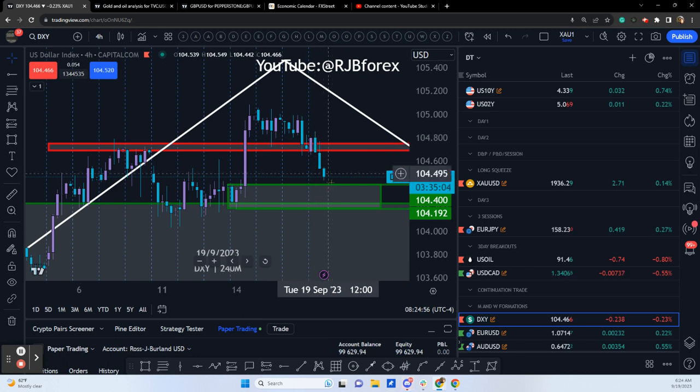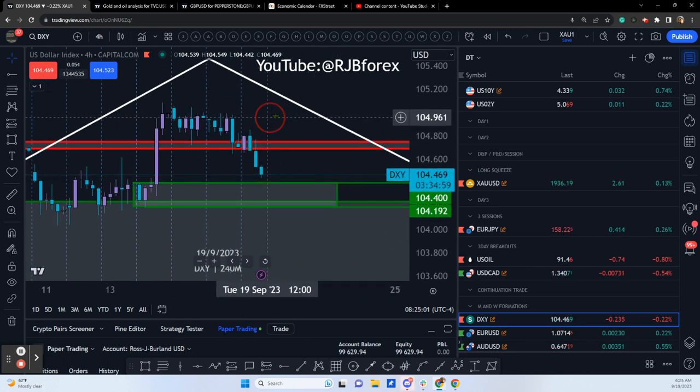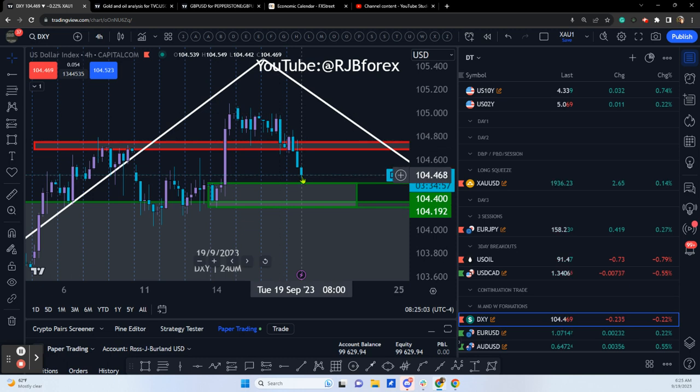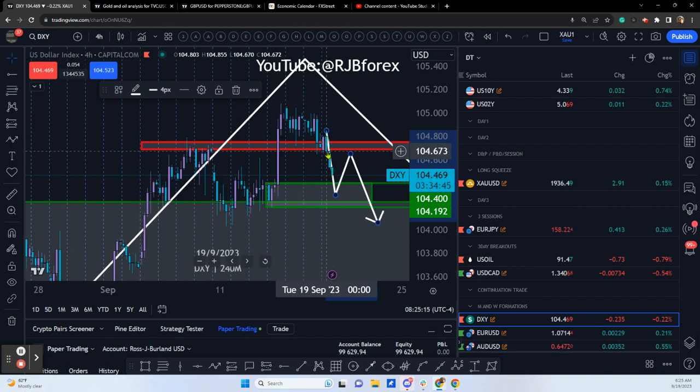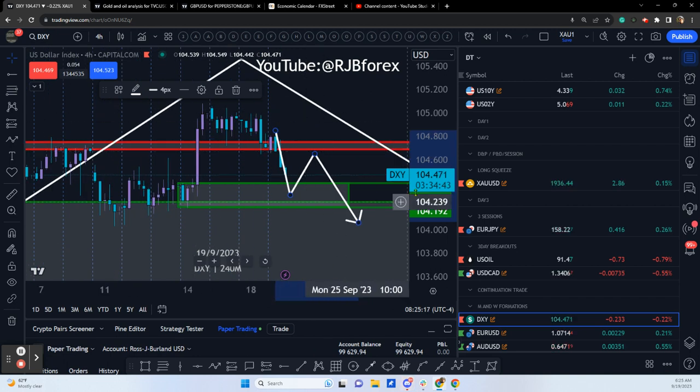So perhaps any pullbacks could be a fade on rallies to continue lower. If the Dixie pulls back, then we've got resistance here. So just keep that in mind. Sell off, pull back, continuation to the downside, perhaps. So that's the dollar. Any questions so far, guys?